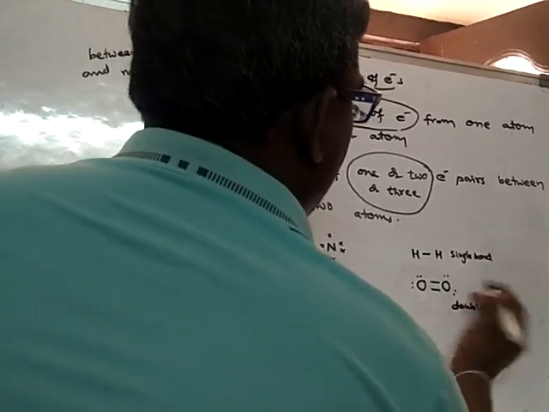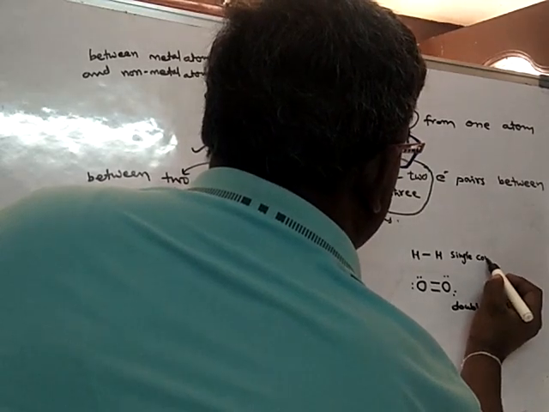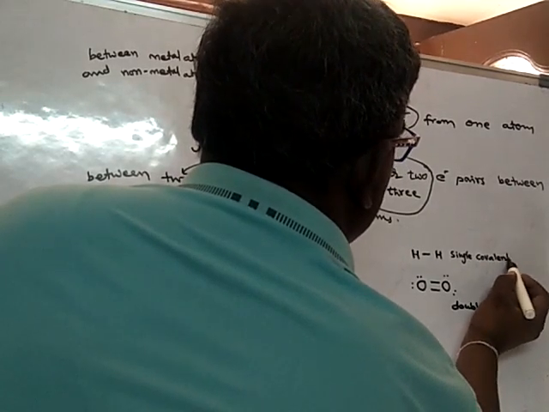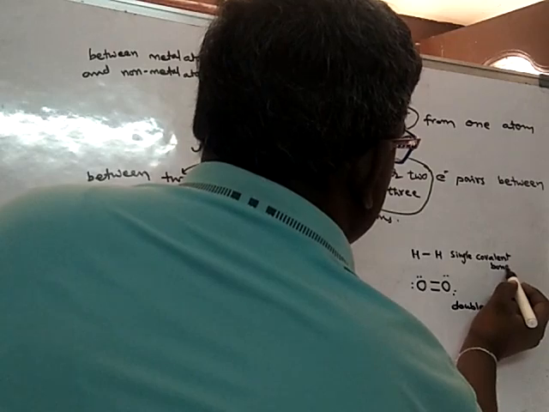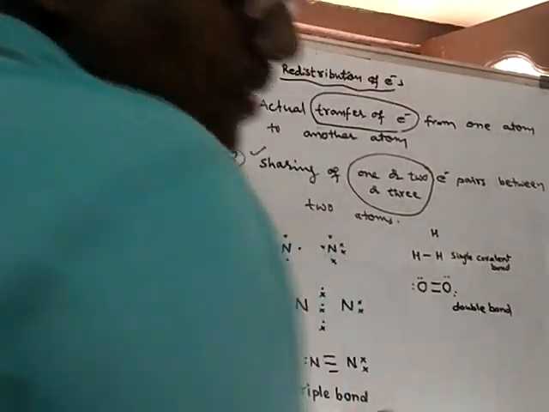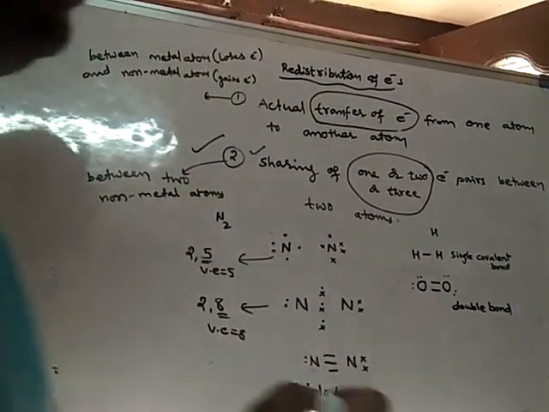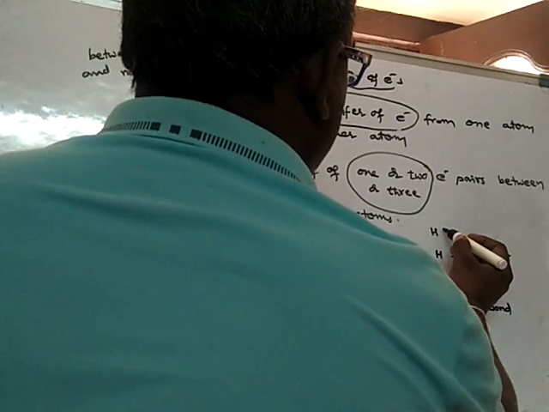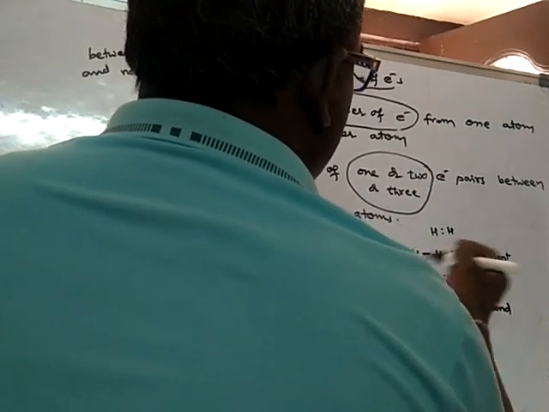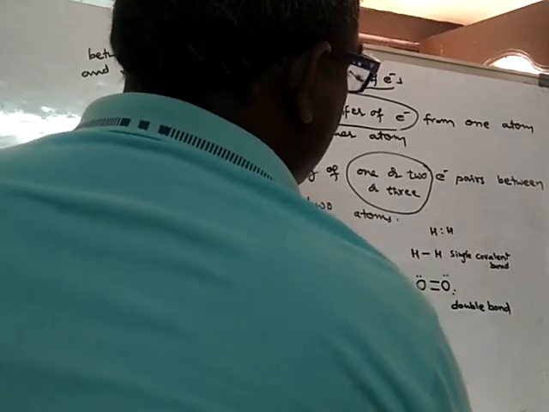Single bond can also be called a single covalent bond. Why do we call it a covalent bond? As we have already seen in our ICSE Part 1, a covalent bond is formed due to sharing of electrons. Actually this bond is formed due to sharing of this electron between 2 hydrogen atoms.